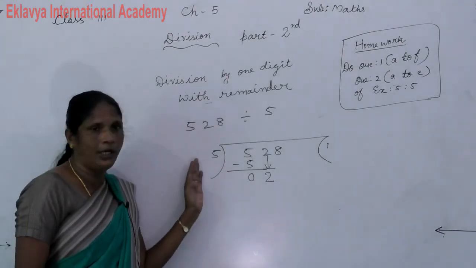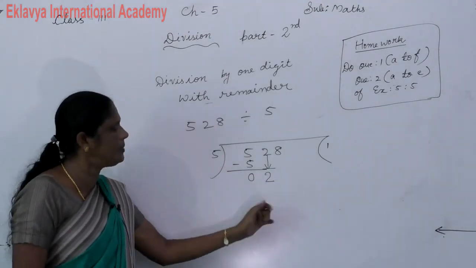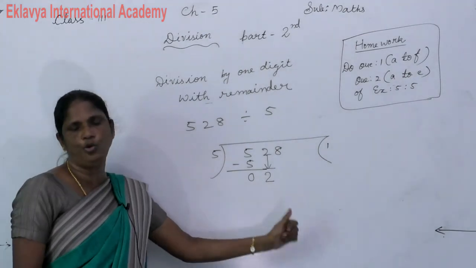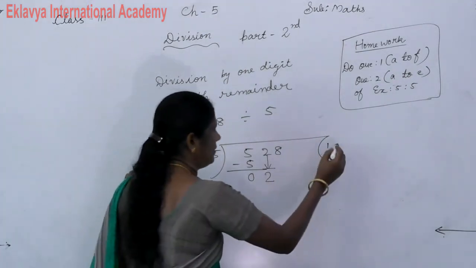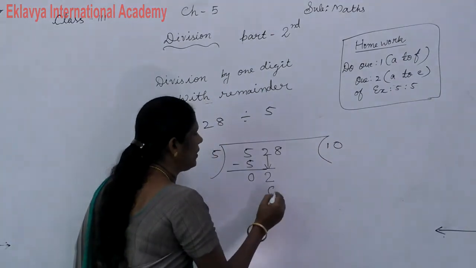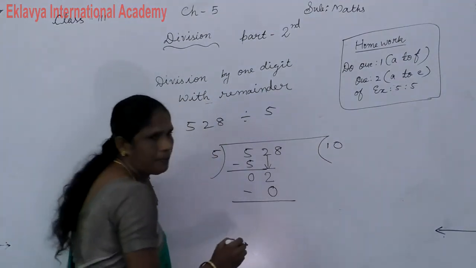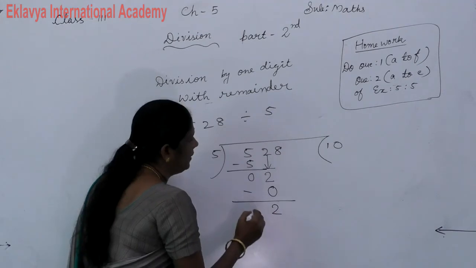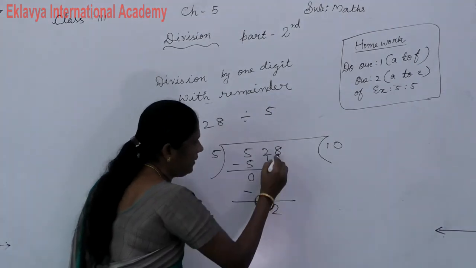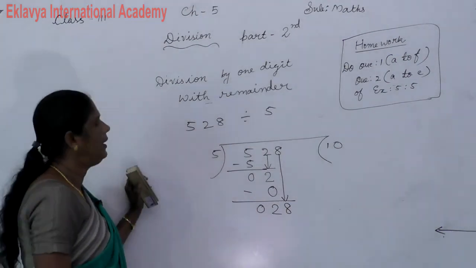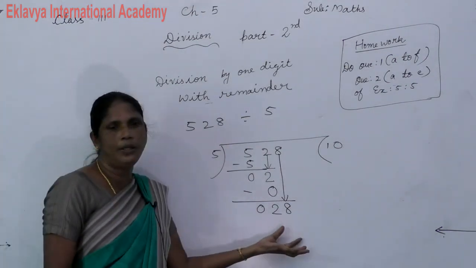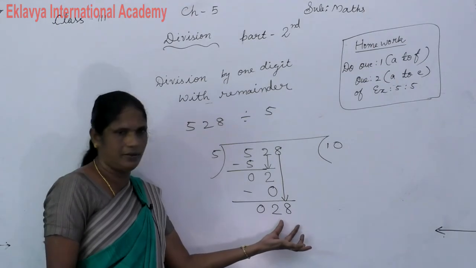Table of 5, how many times gone in 2? 0 times. You write 0, then subtract 2. Then 8 comes downside. Now our number is 28.